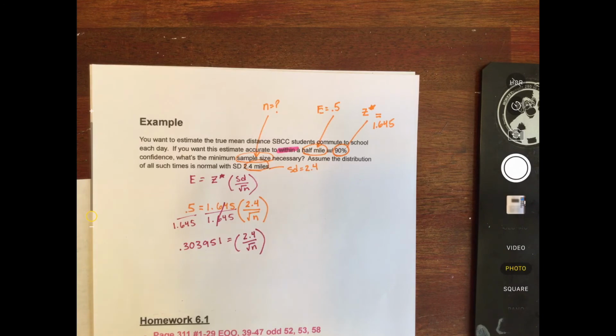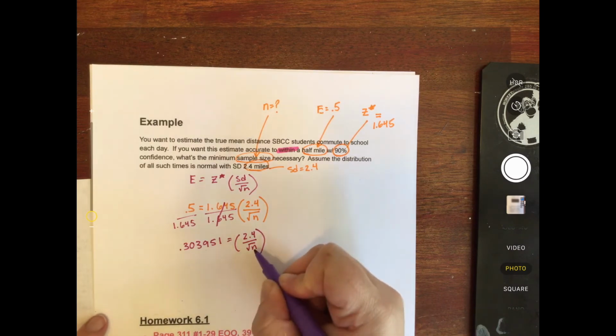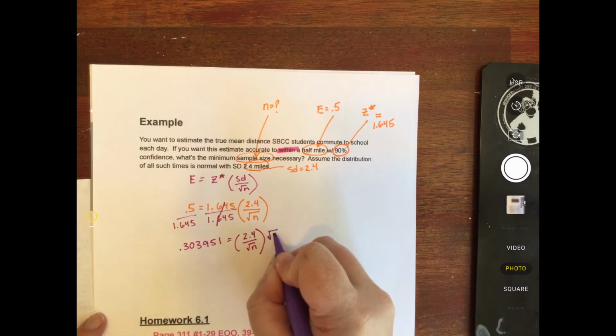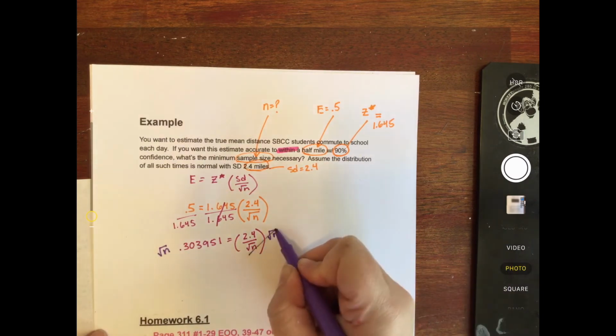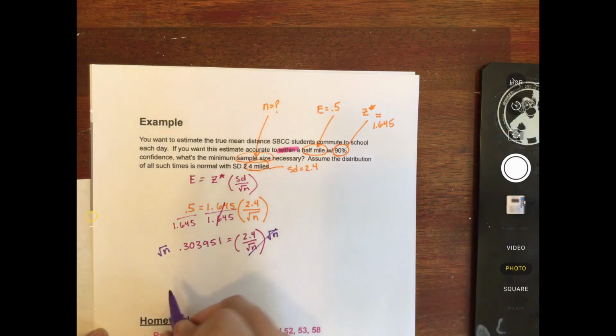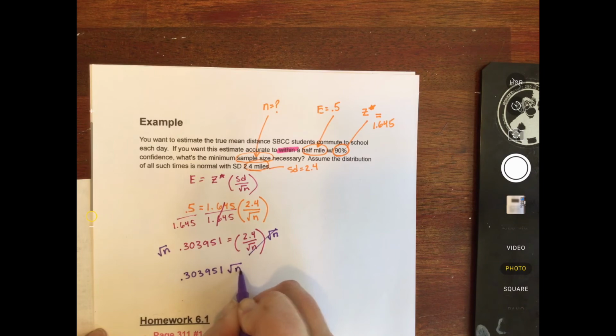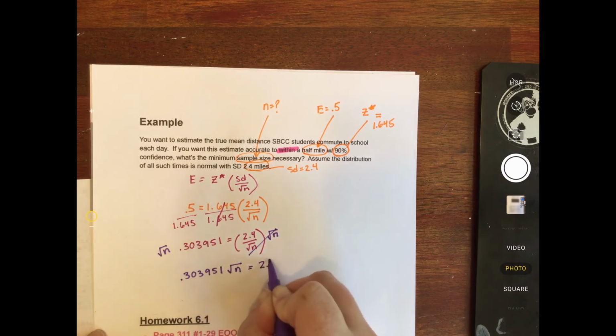Next, I want to get the square root of n out of the denominator, so I'm going to multiply both sides by the square root of n, so those cancel out. Now I'm left with 0.303951 times the square root of n equals 2.4.